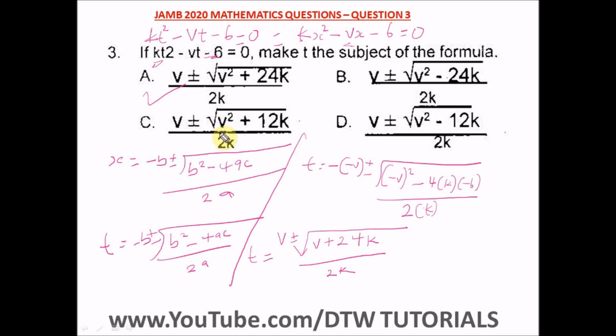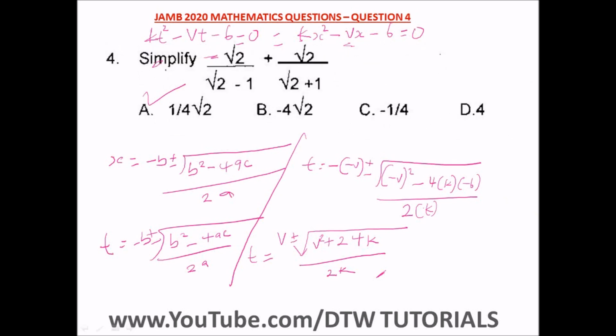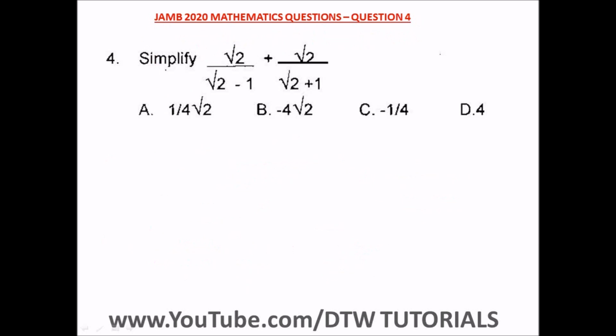We are saying that a is our answer because, don't forget our square, it's the same thing as this. So that is that for number 3. So let's move to number 4. Let's take this off. I will go to number 4.